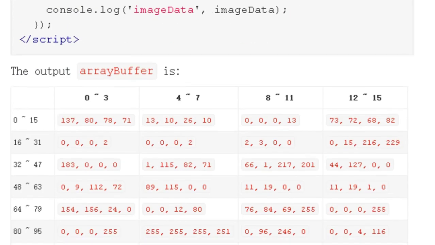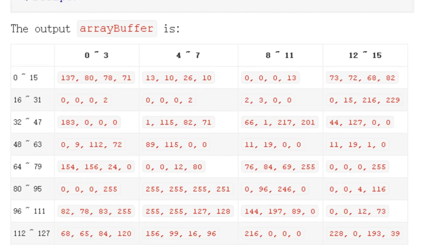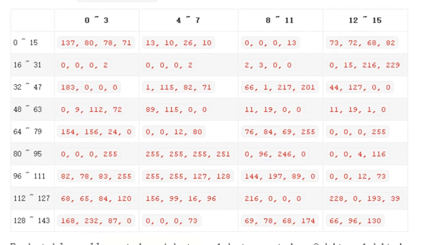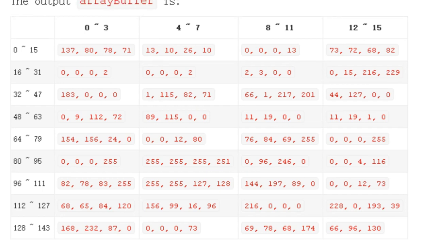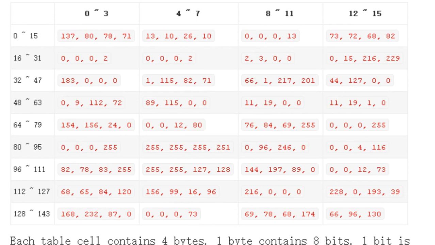The output array buffer is the following. So it looks like we have a table, and let's see, 0 to 3 are the indices, 4 to 7, 8 to 11, 12 to 15. The top column is kind of like local indices within the row, because this is a stream of data.